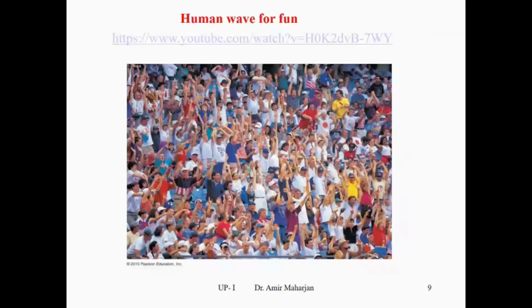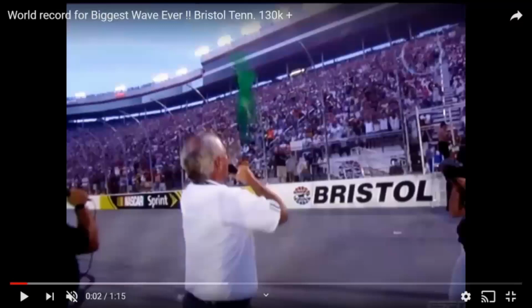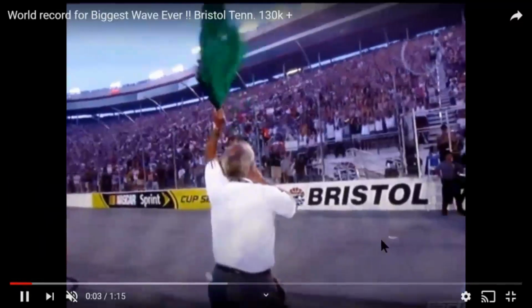Here's the other wave. People do it for fun during sport games. I'm gonna quickly show you this. So here's an example of how a wave is generated. This is a human wave people do for fun. Basically, the generation of the wave is the same.